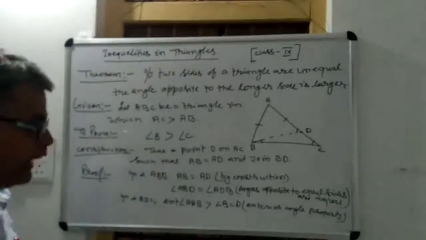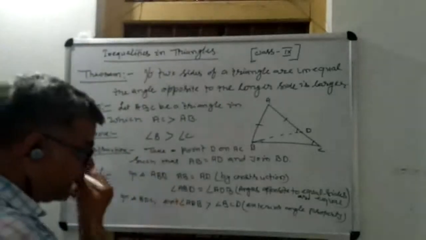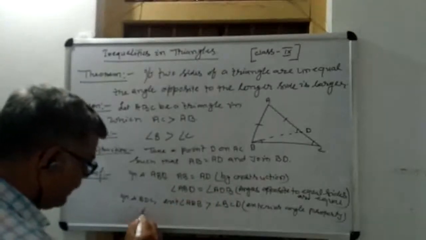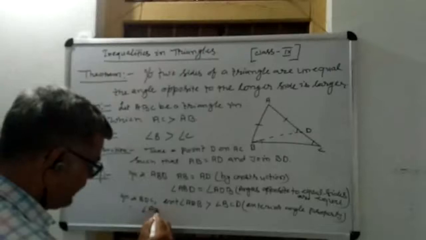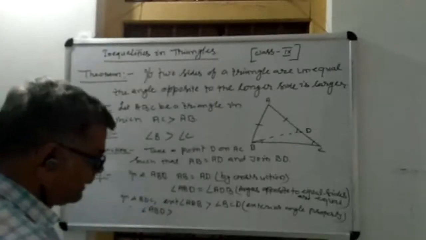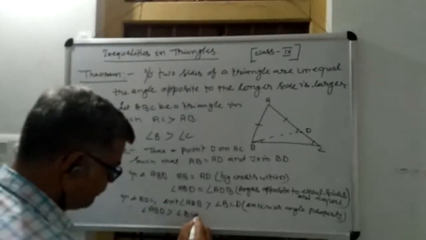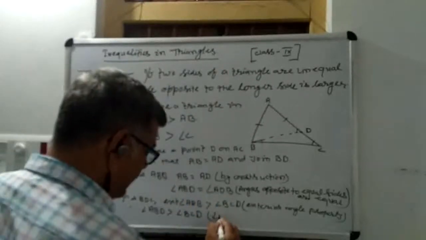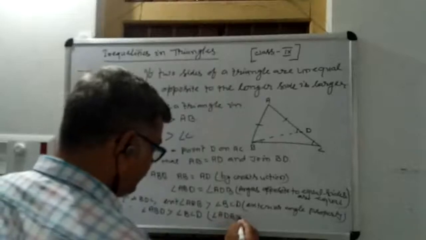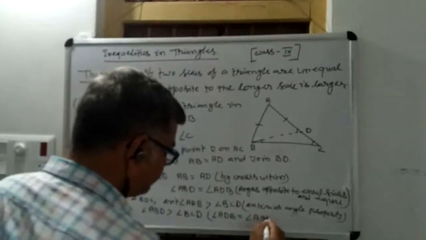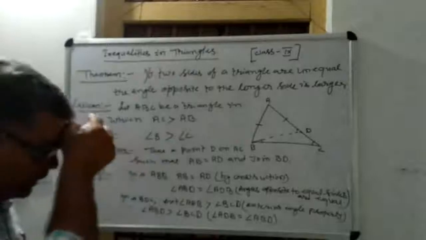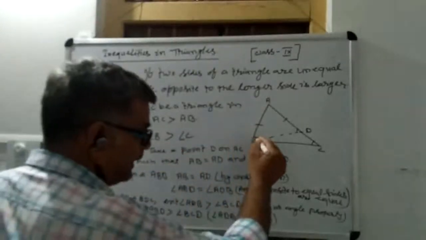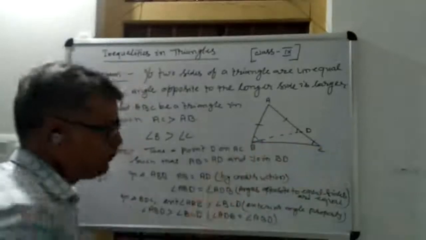But as you know that ADB was equal to ABD, therefore angle ABD is greater than angle BCD, because we have mentioned angle ADB is equal to angle ABD. So now this angle is greater than this angle.